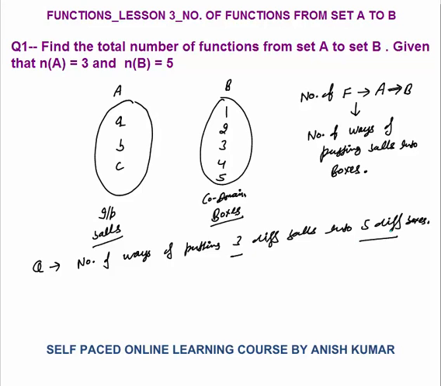So number of ways of putting 3 different balls into 5 different boxes. Now in this case we will never attempt a wrong question. Why so? Because when I say number of ways of putting balls into boxes, your input becomes balls and output becomes boxes. So this kind of scenario we will never apply. This situation will not be possible when we take balls and boxes, because ball number A can't go into 2 boxes.